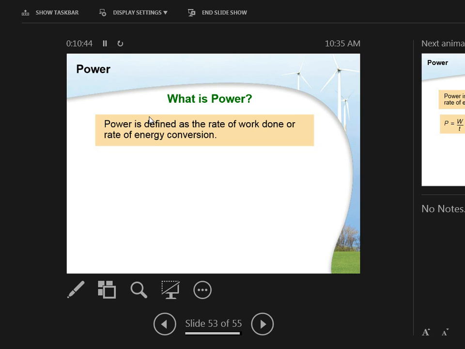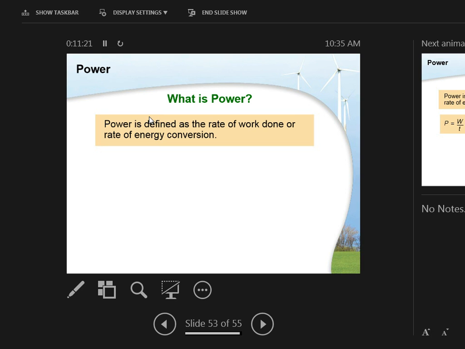So what is it about this phrase, rate of change? It just tells us we need to divide by time. Right? You see your acceleration. We say it is the rate of change of speed. So what is the formula? Final speed minus initial speed divided by time. Right? Your rate of change of distance, which is your speed, what is it given by? Your final distance minus your initial distance divided by time. So power is the rate of work done or rate of energy conversion.